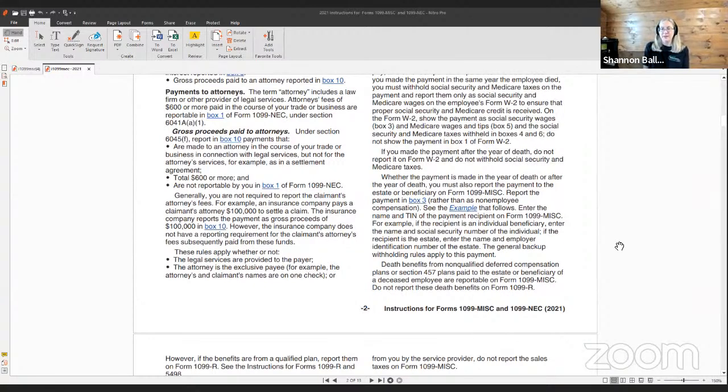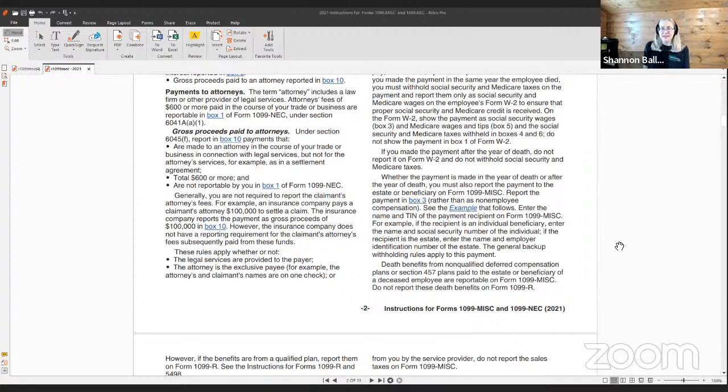Whether the payment is made in the year of death or after the year of death, you must also report the payment to the estate or beneficiary on Form 1099 miscellaneous. Report the payment in box 3 rather than as nonemployee compensation. See the example that follows.